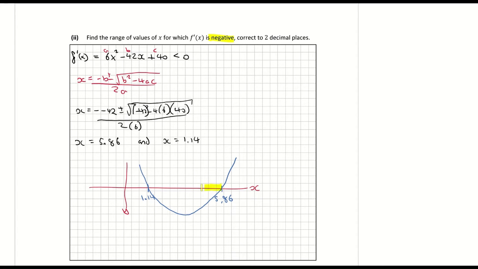So I'm basically looking for this region in here. I'm looking for everything here. So x has to be between positive 1.14 and positive 5.86. So therefore, my final answer here is x is between 5.86 and 1.14.